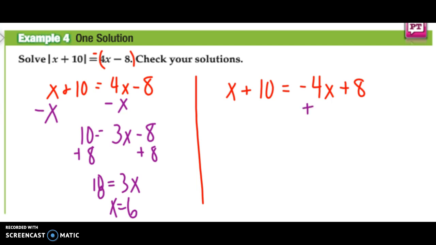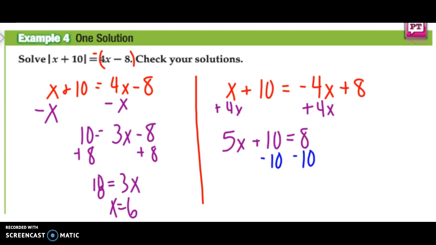Okay, I'll add 4x to both sides. I get 5x plus 10 is equal to 8. Subtract 10 from both sides. And you get 5x is equal to negative 2. Divide by 5, divide by 5, x is equal to negative 2/5. Okay, so here are 2 solutions that I can put into my equation.